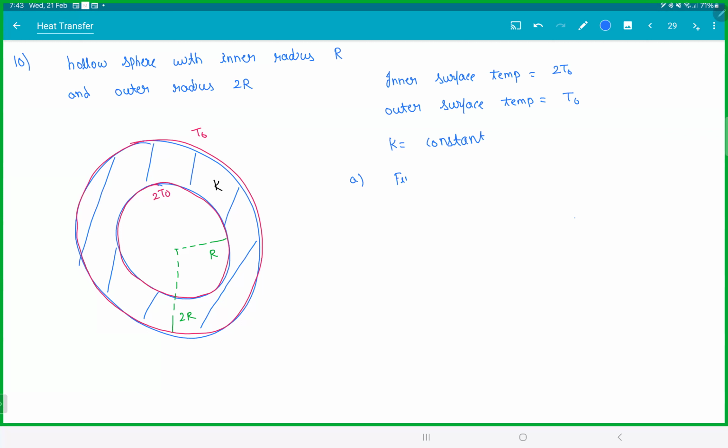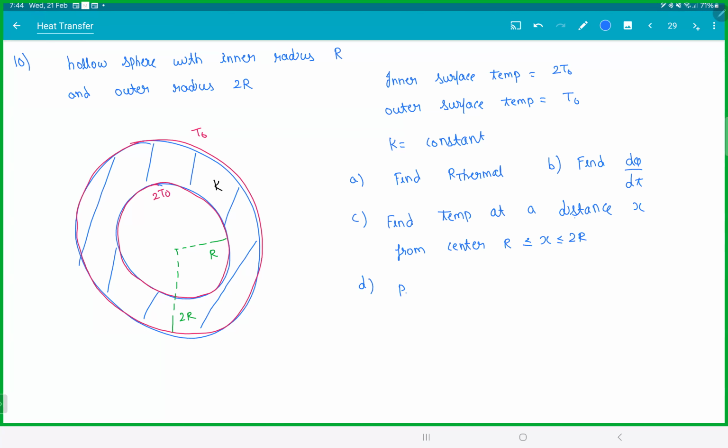First thing, find R thermal resistance. Find dq by dt. Find temperature at a distance x from center, where x lies between 2R and R. Plot dq by dt versus x coordinate.